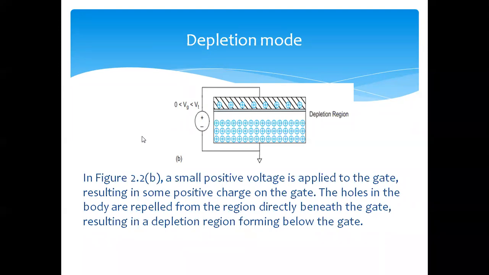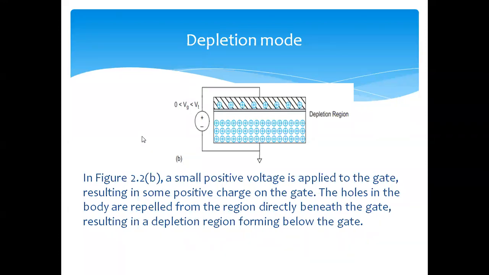So whatever holes were accumulated beneath the gate terminal because of the negative voltage applied to the gate, now we have changed the voltage to positive at the gate, so all those holes that were already accumulated now go away from the gate, right?